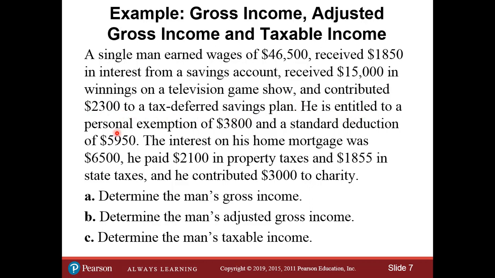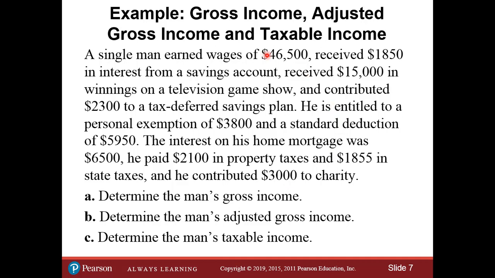He is entitled to a personal exemption of $3,800 and a standard deduction of $5,950. The interest on his home mortgage was $6,500. He paid $2,100 in property taxes and $1,855 in state taxes, and he also contributed $3,000 to charity.